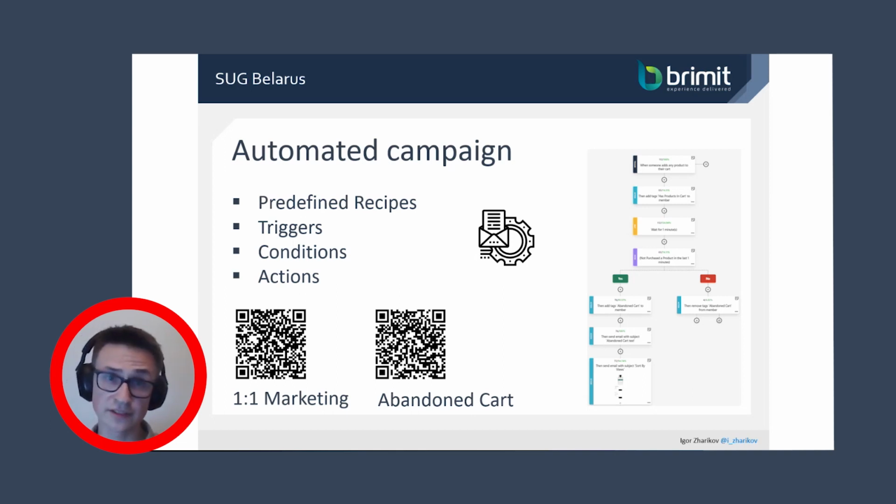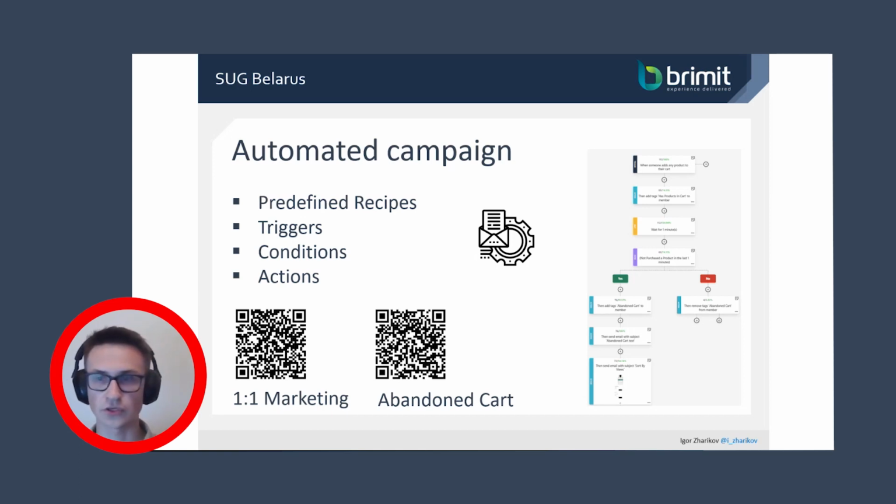As a result, the campaign looks like a block scheme. I hope you can see it on the right side of the slide. But during this presentation, I won't focus that much on it today. I covered those topics in some previous presentations, one-to-one marketing and abandoned cart automations.